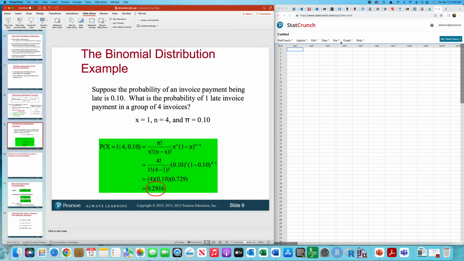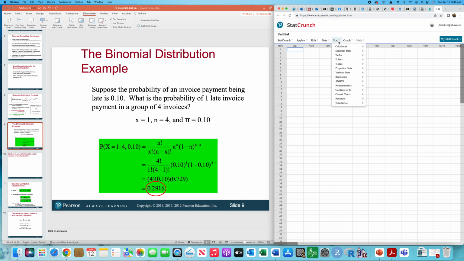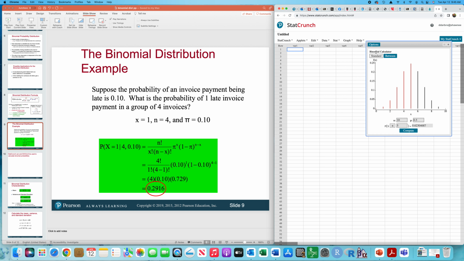So really cool stuff, really easy to do over here. Let's just go to Stat and go to Calculator and go to Binomial, as you would expect. Let's enter the value for n. We know that's going to be equal to 4. Let's enter the value for p. Now, the p there stands for the pi. So whatever our probability is, in this case, it's 0.10.